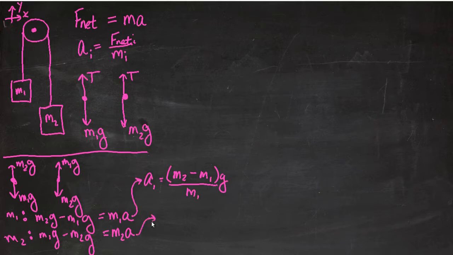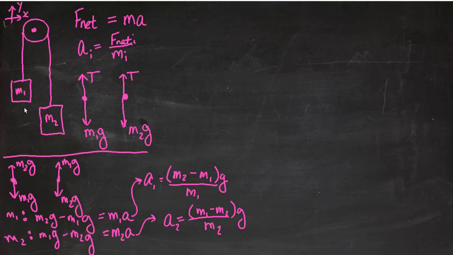And solving the second equation for a, the acceleration of the second object would be (m1 minus m2), similarly factor out the g, divided by m2. And we've seen this can't be right because we know if the string can't stretch, the acceleration of this guy up must equal the acceleration of that one down.